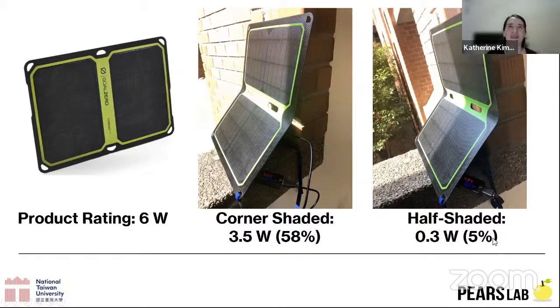That is just enough to charge most batteries, for example, for a phone, but not very quickly. And some applications won't even charge at this level of power. So clearly the solutions that are at least commercially available for mobile, or movable, portable solar power are not very good.